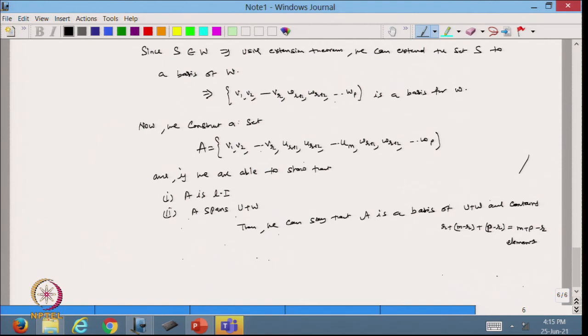So now we need to show that A is linearly independent and A spans the whole U plus W.